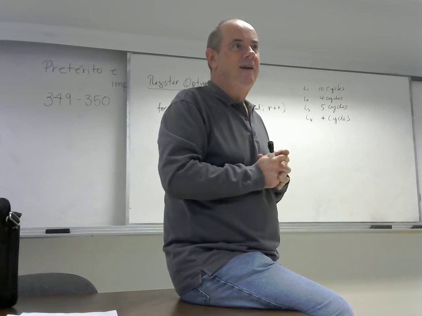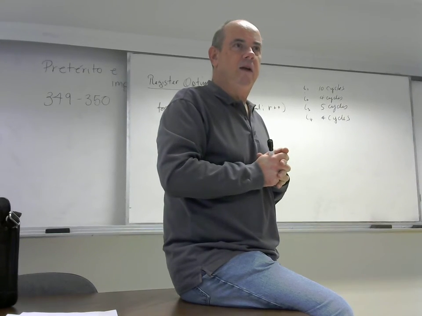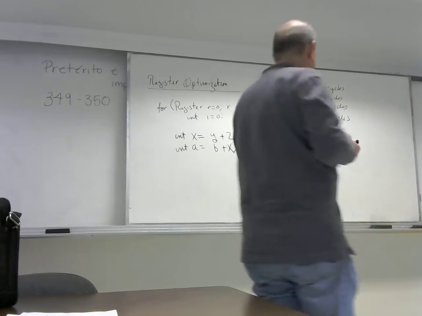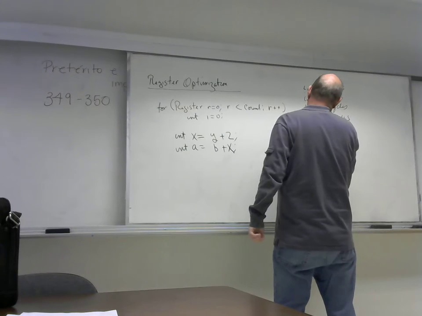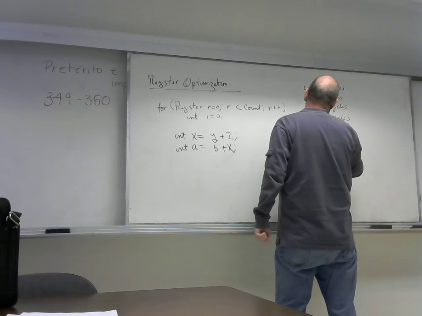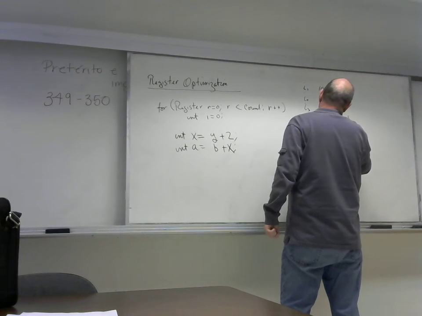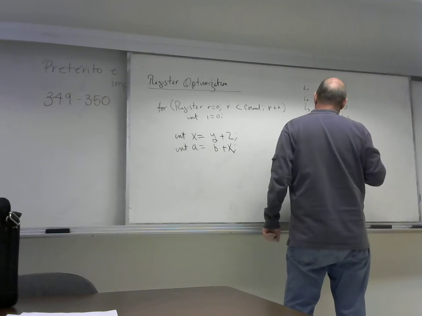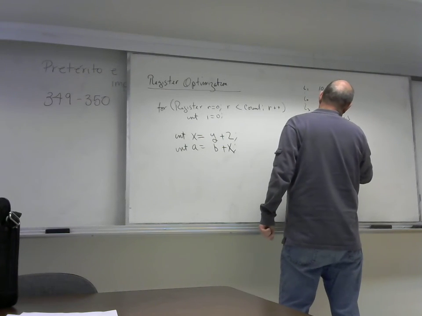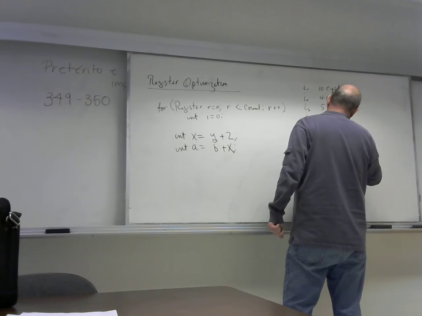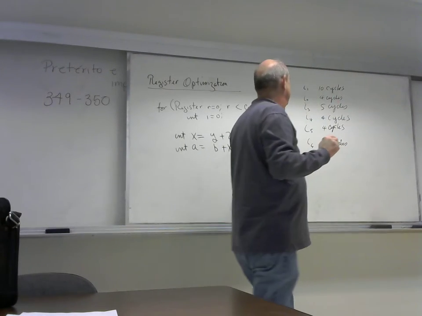Split it up. You can if you've got 20 things going. Imagine I have 20 of these. I'm not going to write them all. 4 cycles. And I6 is 5 cycles. Okay, they all run at once.